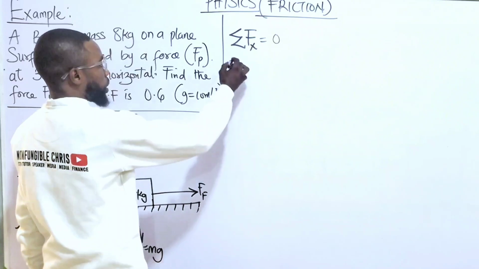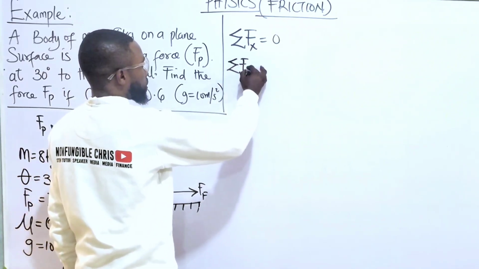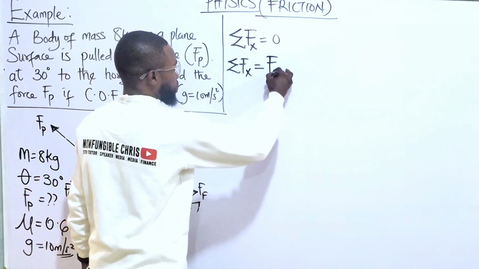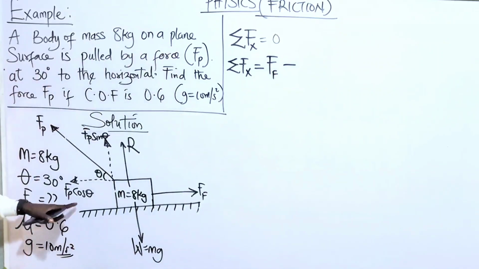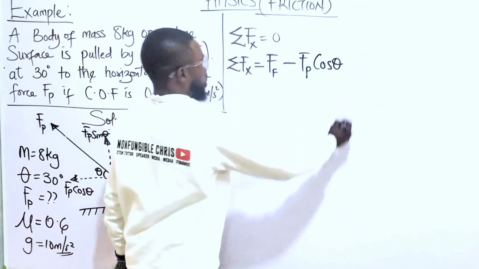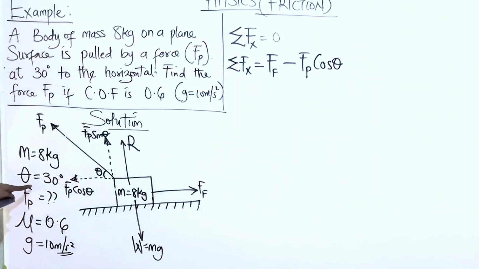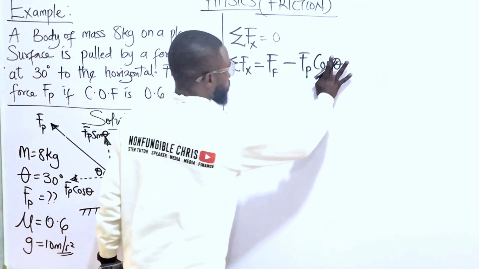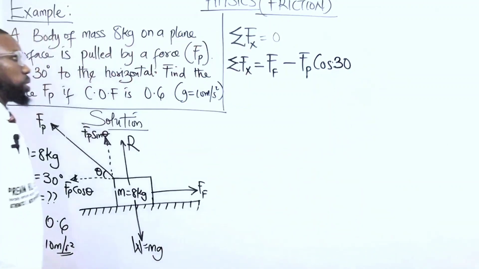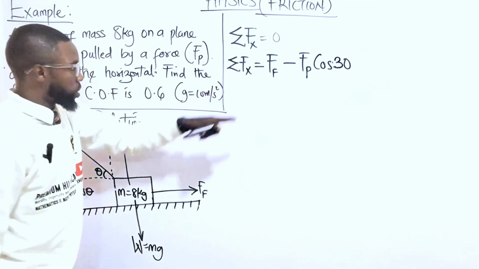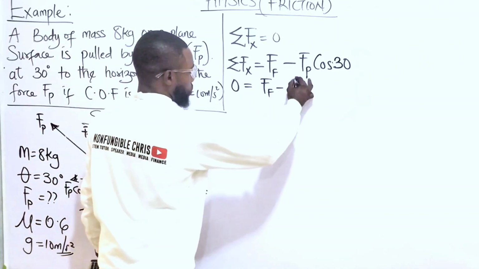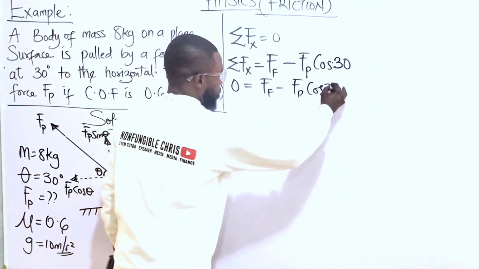So naturally, the resolution of force is equal to the frictional force minus Fp cos theta. And we know that theta there is 30. So we can change it to Fp cos 30, and it will be 0 equal to frictional force minus Fp cos 30.